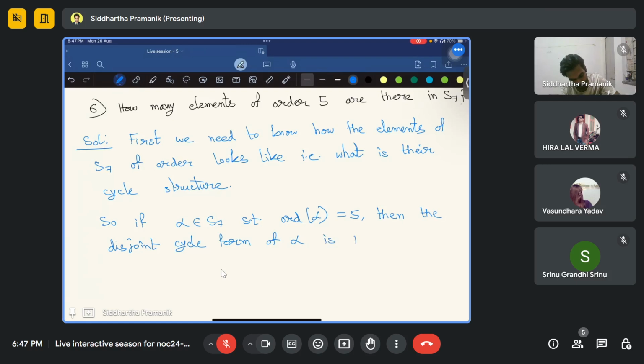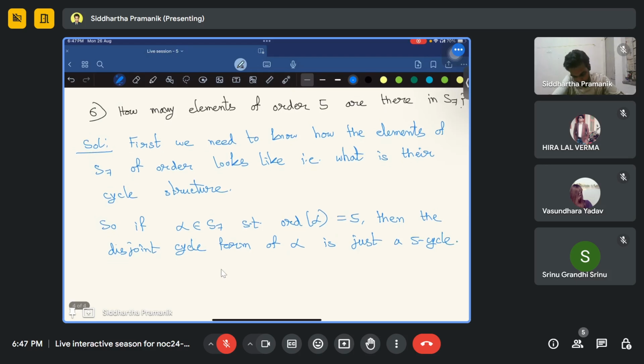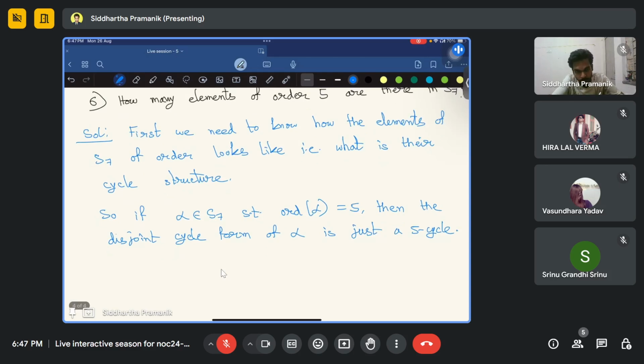It cannot be a product of any other cycles. It is just a 5 cycle. So only 5 cycles have order 5 in S7. So we need to determine how many 5 cycles there are in S7.